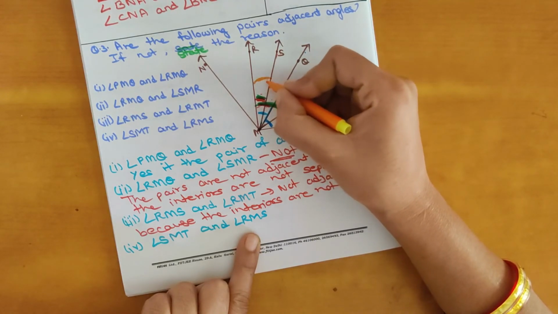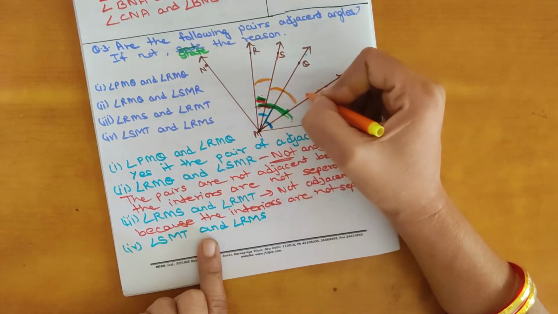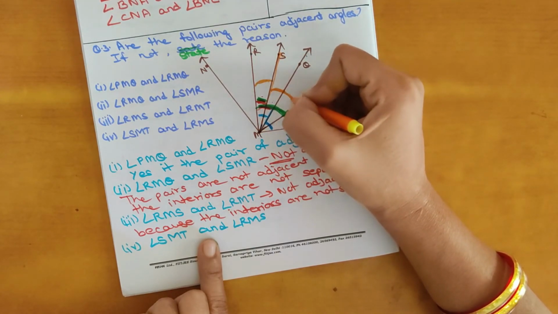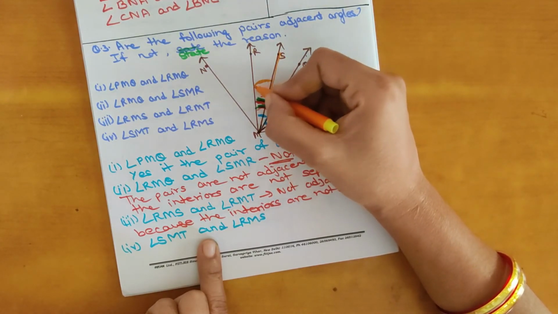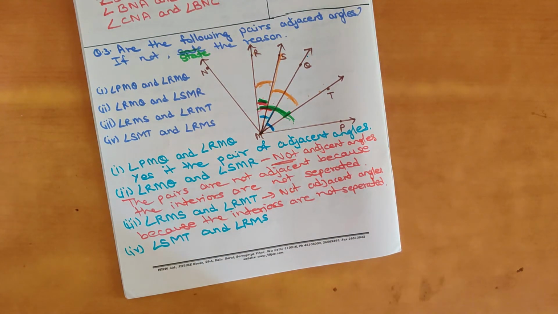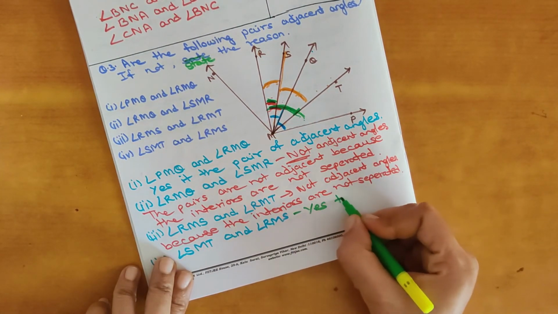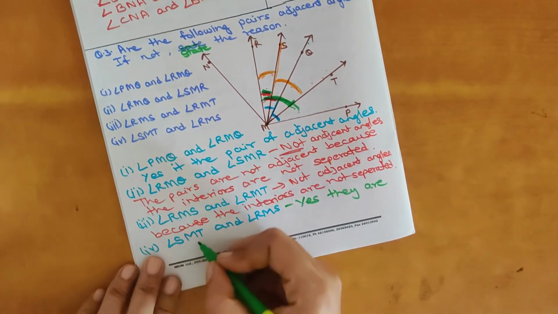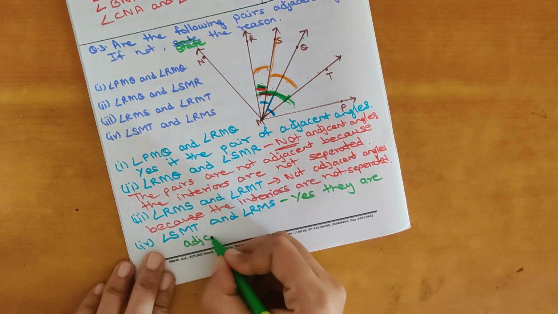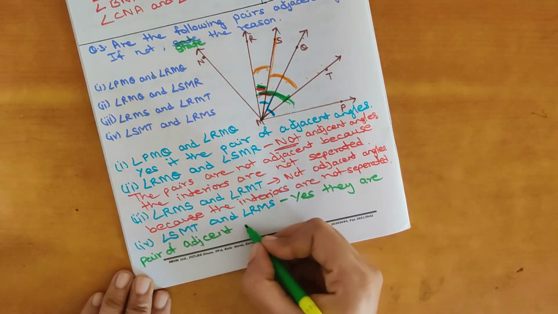Now see the orange color: angle SMT and angle RMS have the common arm SM, the common vertex also, and their interiors are separated. So yes, you can write: yes, they are adjacent. They are a pair of adjacent angles.